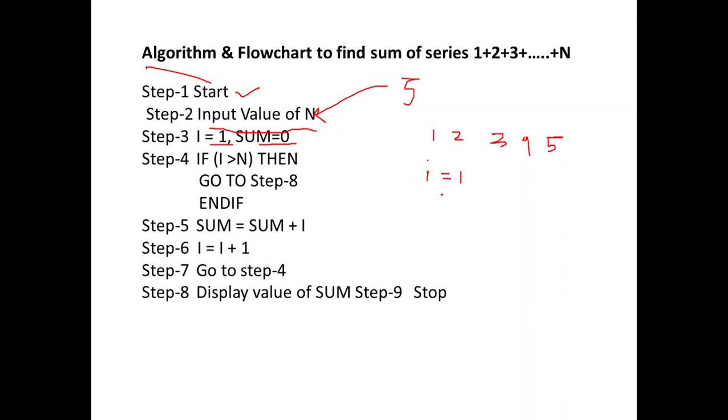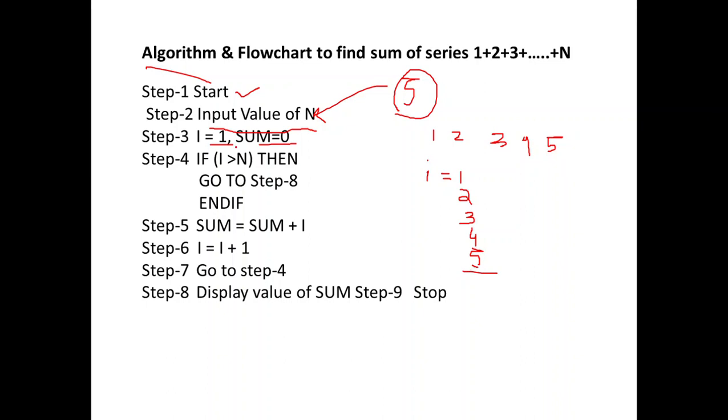Now, if the step I equal to I plus 1 is executed, the value of I will be 2. Again I equal to I plus 1, that means 2 becomes 3, then 4, then 5. But it has a tendency that I becomes 5 to 6, 6 to 7, but we need only 5 numbers. That means we have to stop this program when it reaches 5, that is our limit.